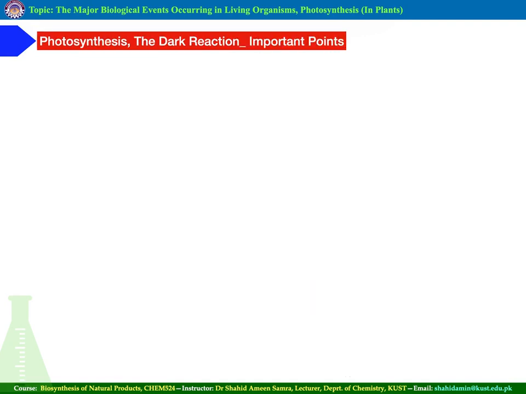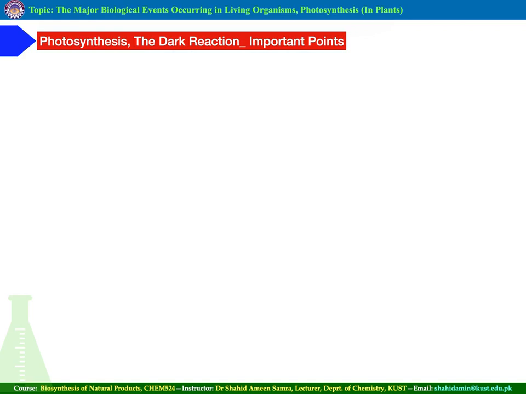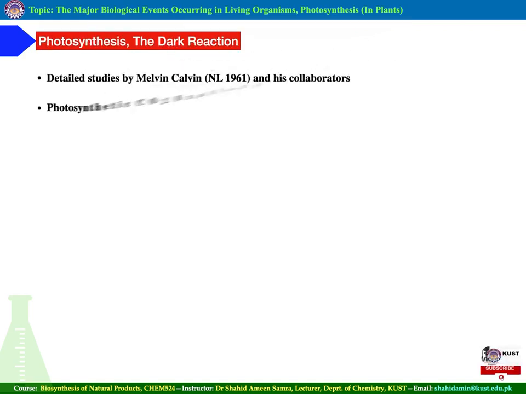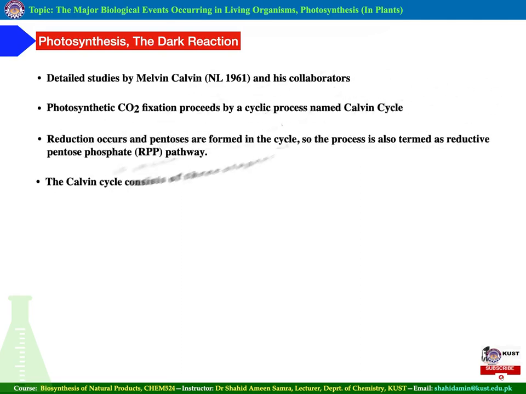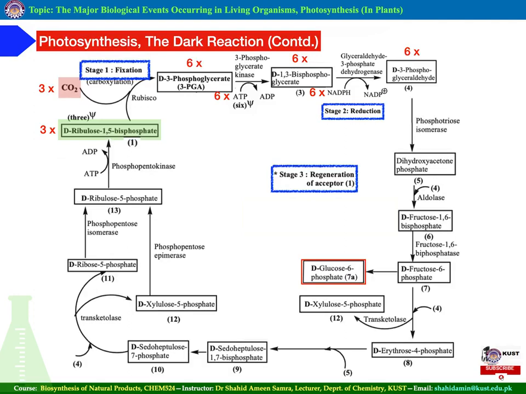Now we talk about some important points about the dark reaction of photosynthesis. In this process, we have seen that there are several molecules that are generated, and they contain 3 carbons, they contain 5 carbons, they may contain 4 carbons, 7 carbons.